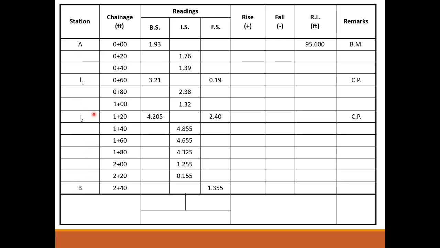If names are not mentioned in the statement, you can choose any letter you want. These are the main stations and these are the substations. You can also name all these blank cells and suggest any name as you like. So now come towards the rise and fall calculation.